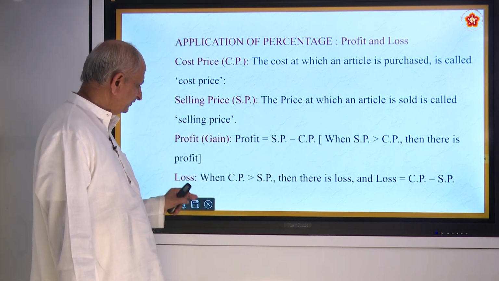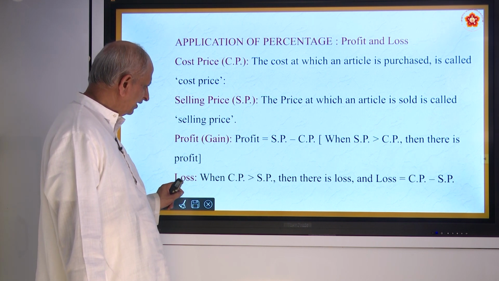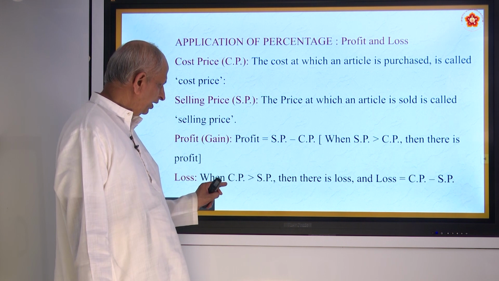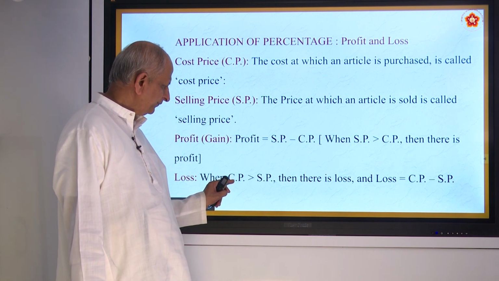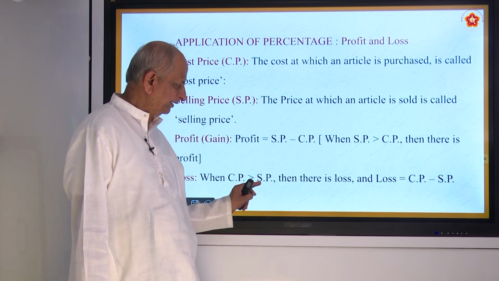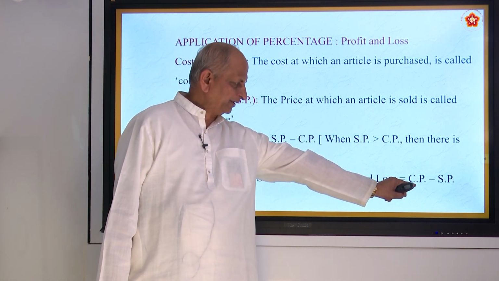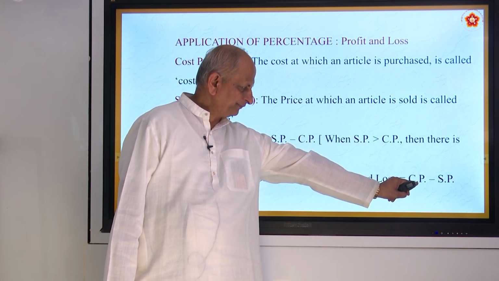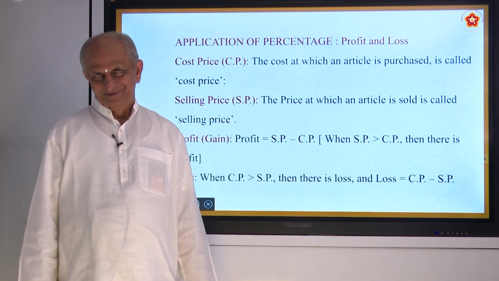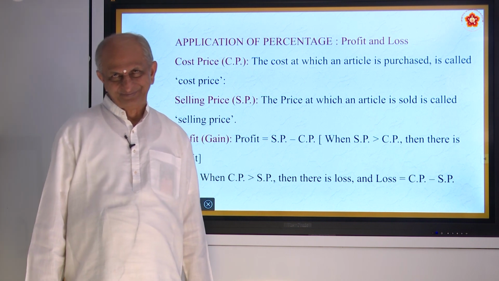And otherwise, sometimes it will be a loss also. You get a loss when CP is more than SP, cost price is more than selling price. How to find out loss? Cost price minus selling price. For example, bananas are there.